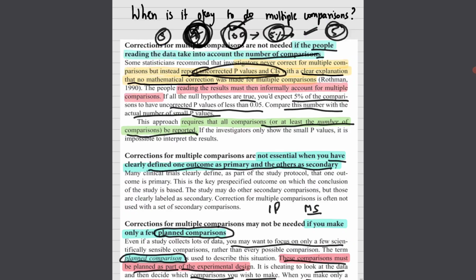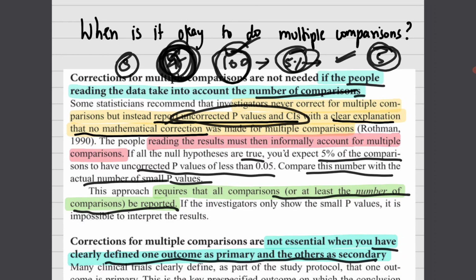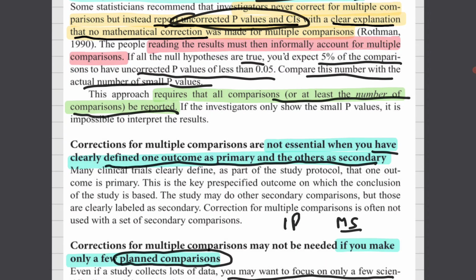So what are the 4 conditions in which it may be okay not to correct for multiple comparison? First, one is obviously to never correct for multiple comparisons. Just tell in your manuscript how many comparisons you have done and how many of them were significant, and the readers of the manuscript can informally account for those multiple comparisons. Second, when you have only one primary outcome and multiple secondary outcomes, it may be okay because the primary outcome is still one.